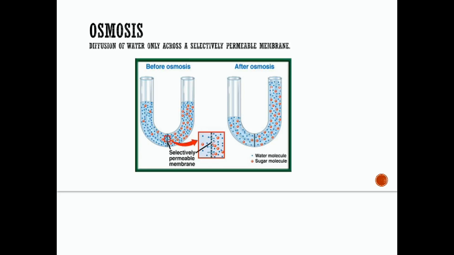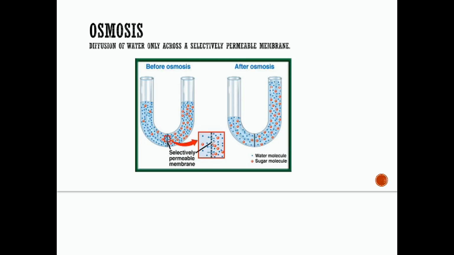Osmosis is a type of diffusion that specifically involves the movement of water only across a selectively permeable membrane. So, during osmosis, water moves from areas of high concentration to areas of low concentration. So, energy or ATP is not needed or used from the cell to do this.